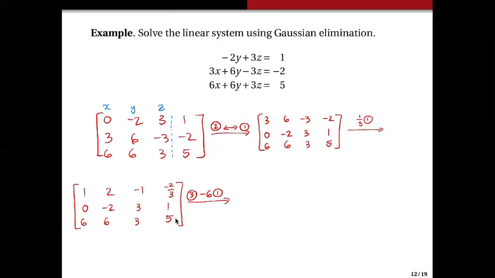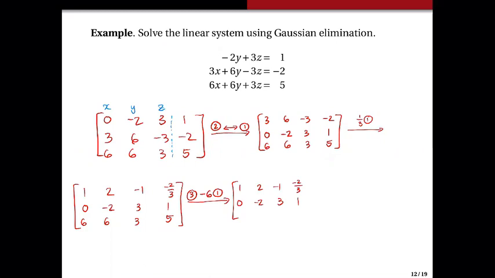Okay? So row 3 minus 6 times row 1. If we now do this operation, we are not doing anything on row 1, so we'll just copy that. So 1, 2, -1, -2/3. We are also not doing anything on row 2, so we'll just copy 0, -2, 3, 1.